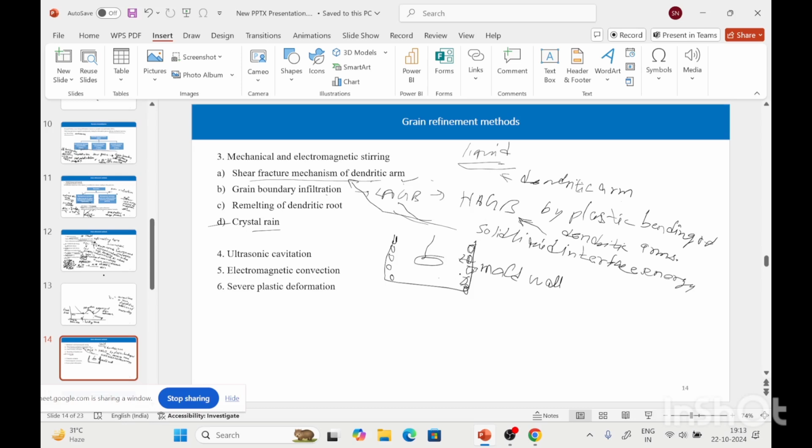So due to the increase in nucleation particles in the liquid metal, the nuclei fall in the liquid, leading to an increase in heterogeneous nucleation.